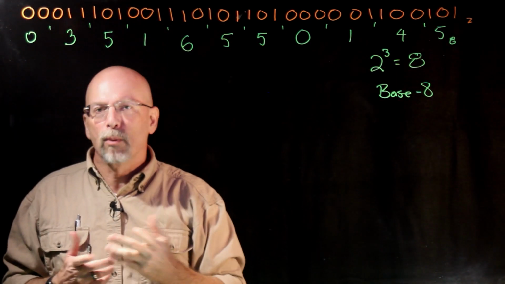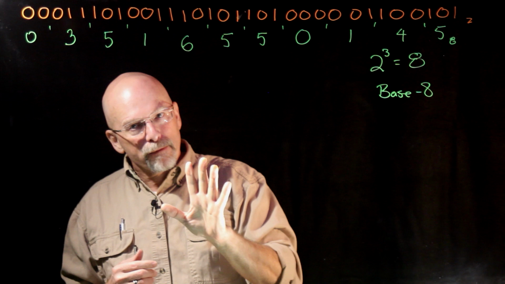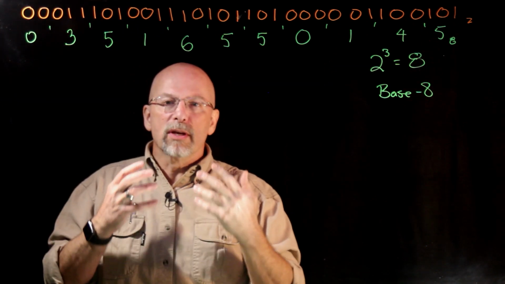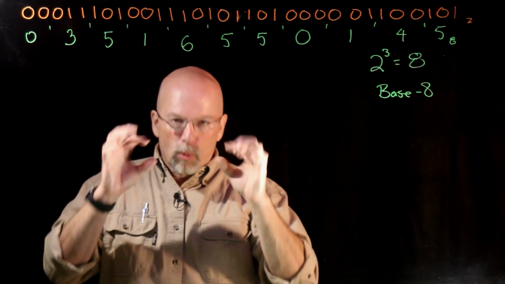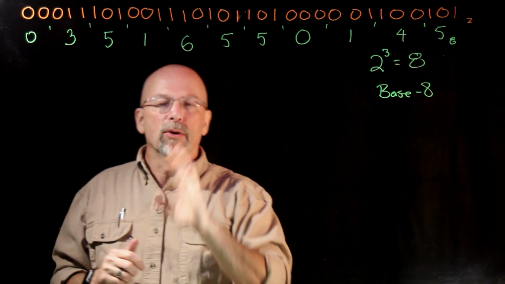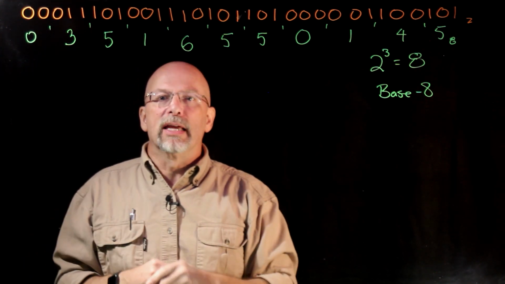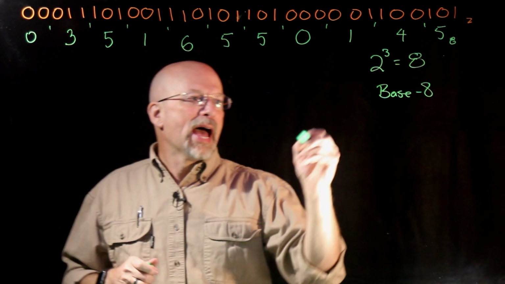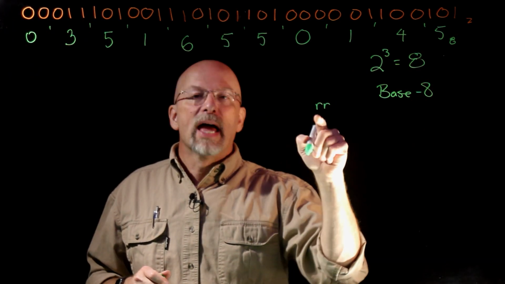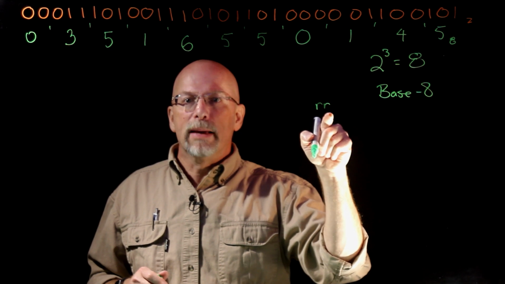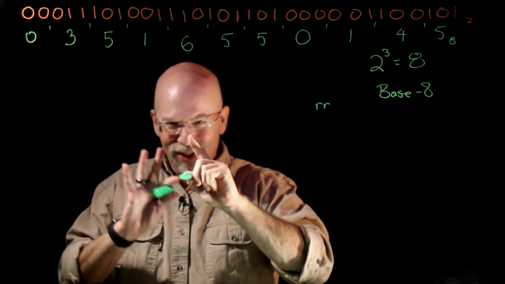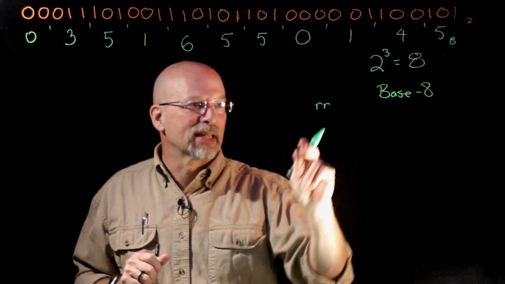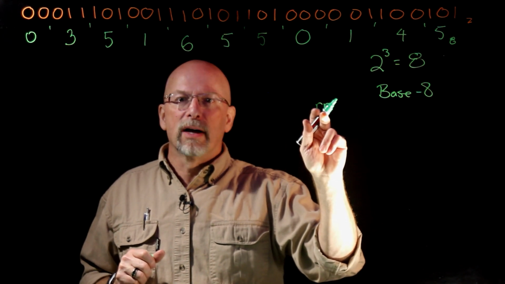Now, some of you are probably asking, why would I do this when I can just convert that to decimal? Well, sometimes we actually create the binary value. Take, for example, a color in a web page, an HTML color. An HTML color has the amount of red as a byte, 2 nibbles. Oh, by the way, I forgot to tell you that one a little bit. I'll get to that in a second. 1 byte, 8 bits.